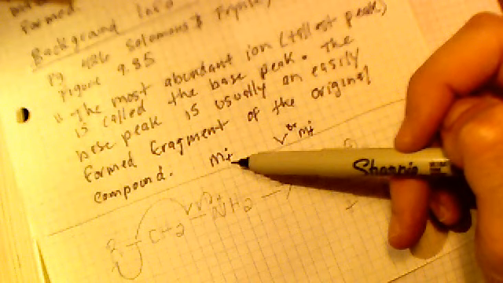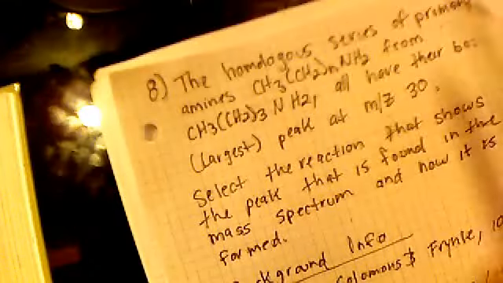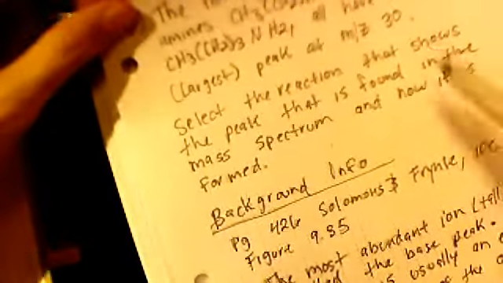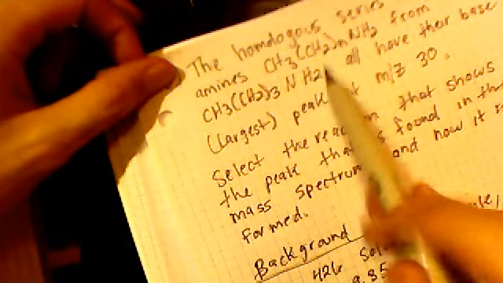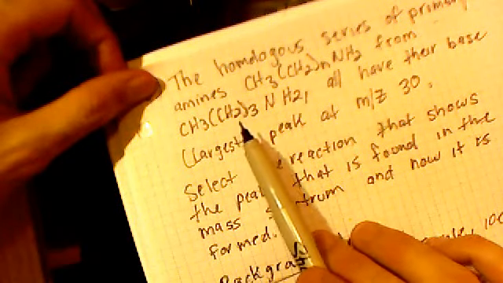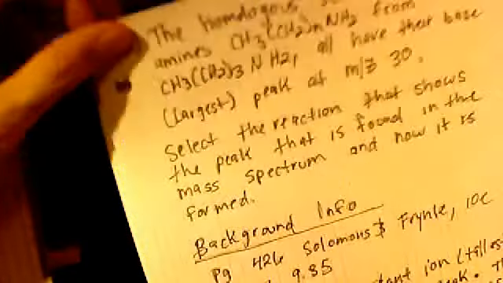So they're saying that obviously this compound, this homologous series of CH3 CH2 to the 3 NH2, obviously does fragment because the mass to charge is 30, and this CH3 CH2 to the third NH2 is much larger than 30.